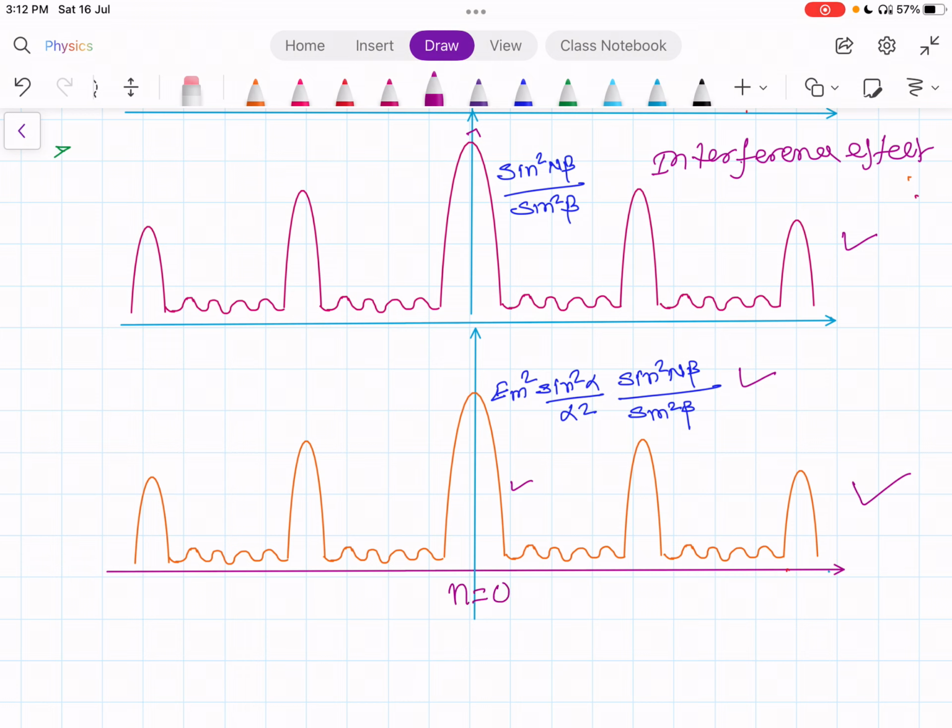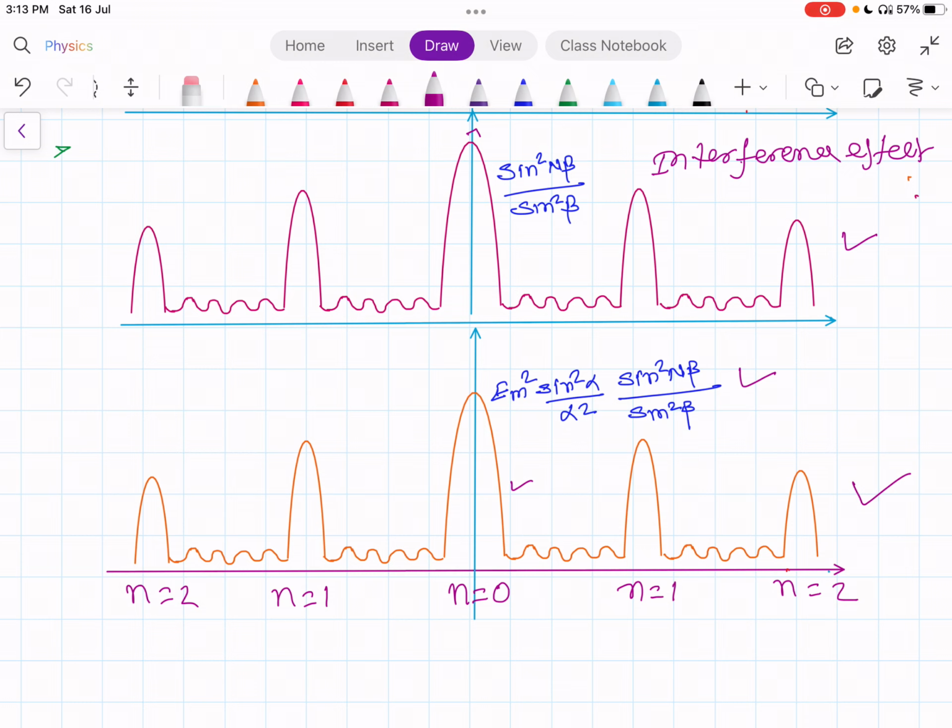That is here n equals to 0. For this n equals to 1. For this n equals to 2. Similarly, this side also. On either side, you get principal maxima. All these are the principal maxima, which we call zeroth order, first order, second order, third order, and so on.